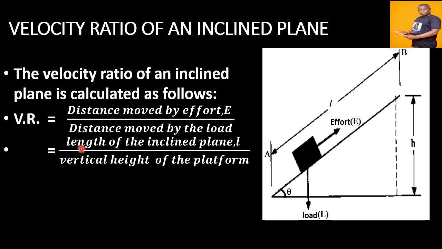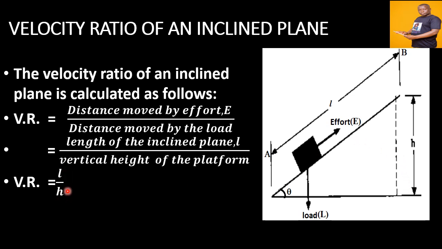So we are saying either length of the inclined plane divided by vertical height of the platform. All right, you can get velocity ratio. So using symbols that you see in the diagram here, you take the length of the plane, divide by the height. Be careful with units.